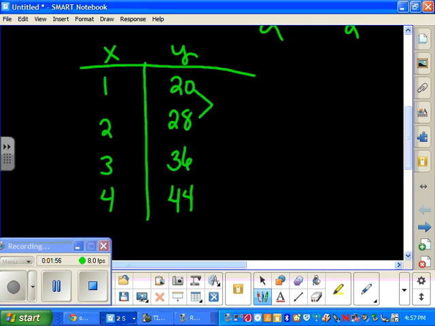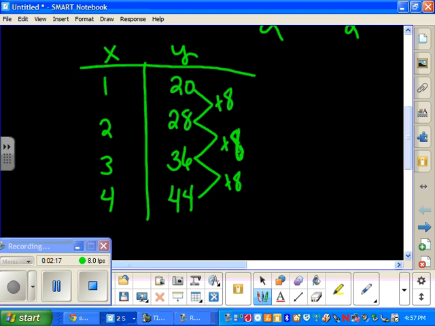So to find my rate of change, I'm going to see how much I'm going up or down by. So from 20 to 28 is plus 8. From 28 to 36 would also be plus 8. And from 36 to 44 is also plus 8. So I'm going up by 8 every time.